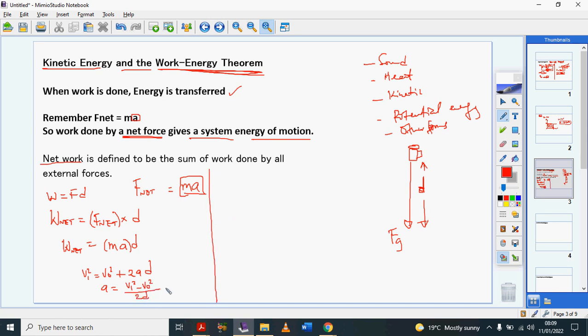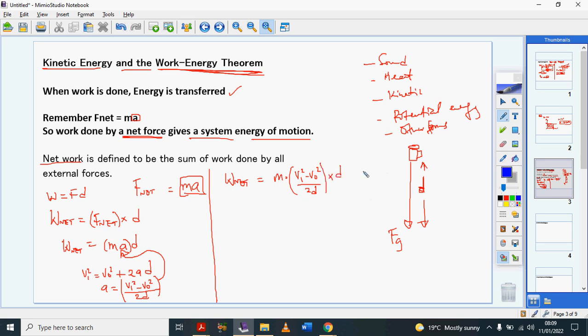So that's my acceleration. I'm going to substitute it in that position. So instead of net work is equal to m a d, I'm going to have net work is equal to mass times acceleration, but acceleration is now v1 squared minus v naught squared divided by 2d, and that is being multiplied by d.